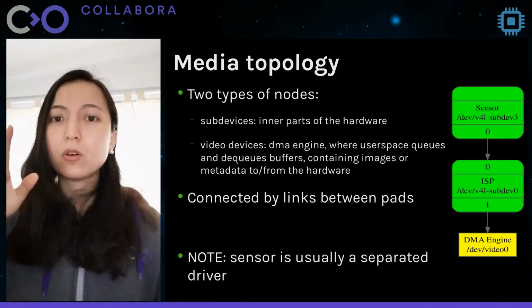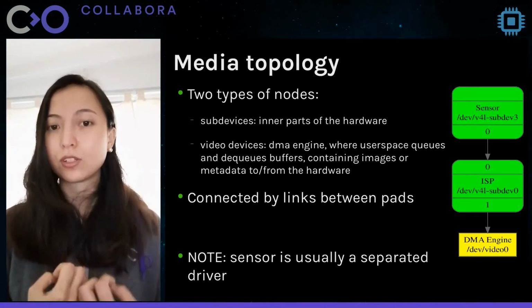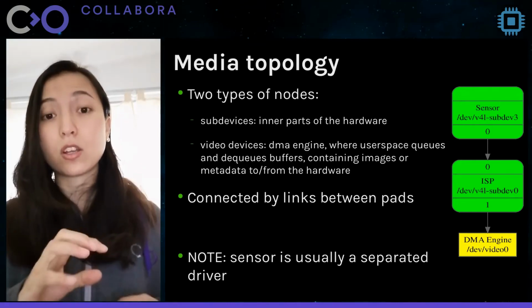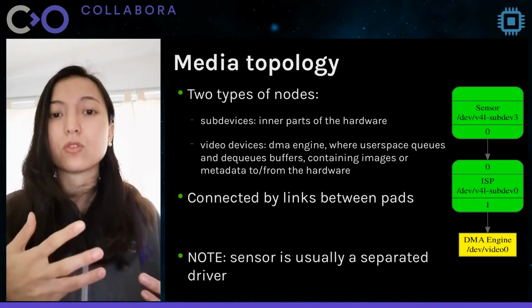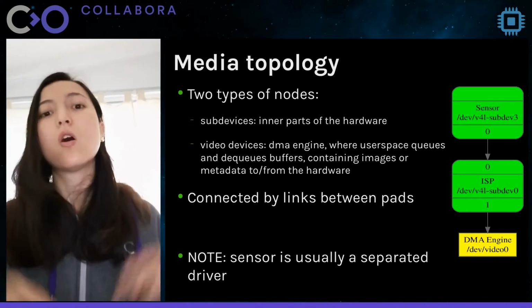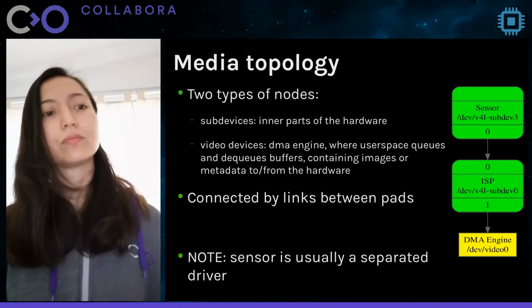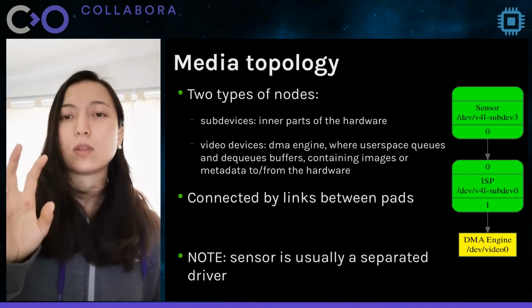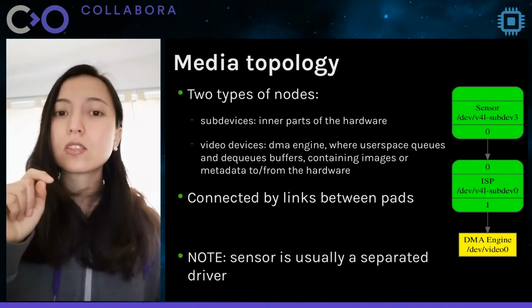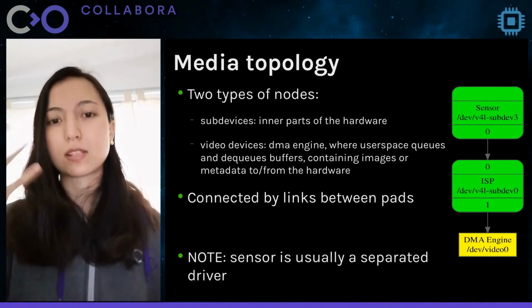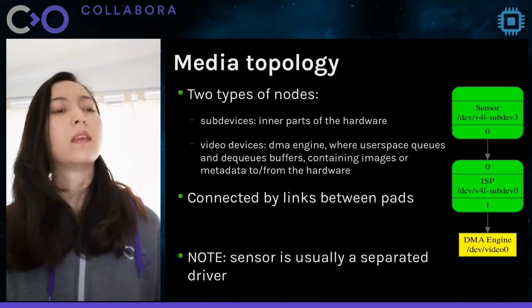In this example, it is from the hardware because we are retrieving an image from the sensor, but we are going to see some other examples where the user space needs to inject an image into the driver or some kind of metadata. Those blocks are connected by what we call links, and links always connect pads. So those zeros and ones in the image are what we call paths.